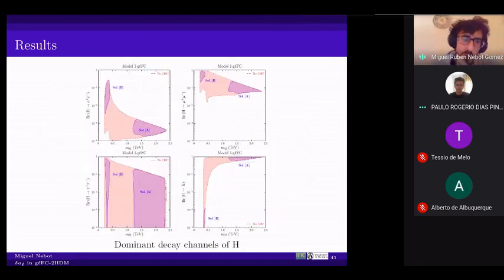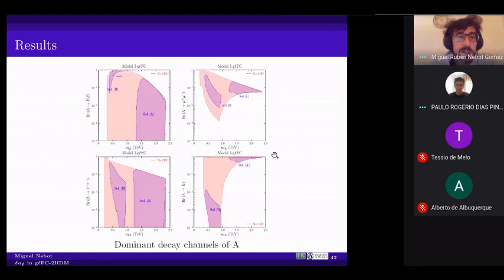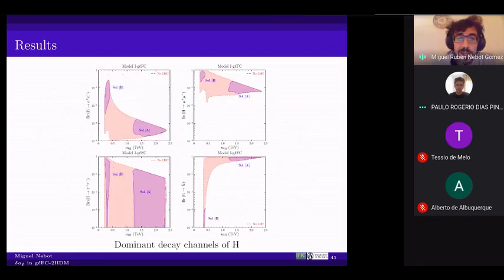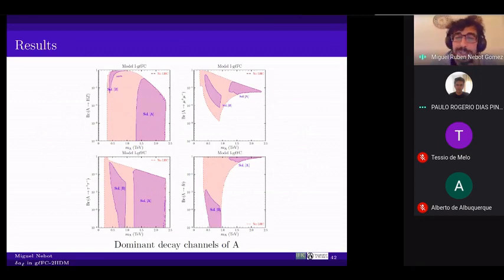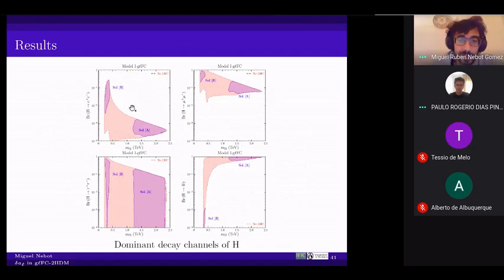One can also take a look at the dominant decay channels. When one wants to understand a little bit of the details behind all of this it is relevant, but I will not bother you with this. Same thing for the different scalars. The only thing that is peculiar and maybe worth mentioning is that decays into leptons are typically among the most relevant ones, since we are putting in those quite large couplings.